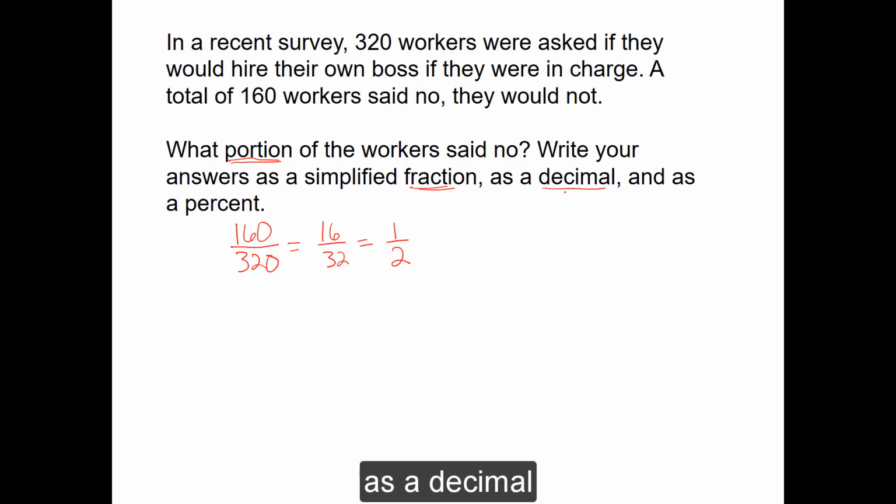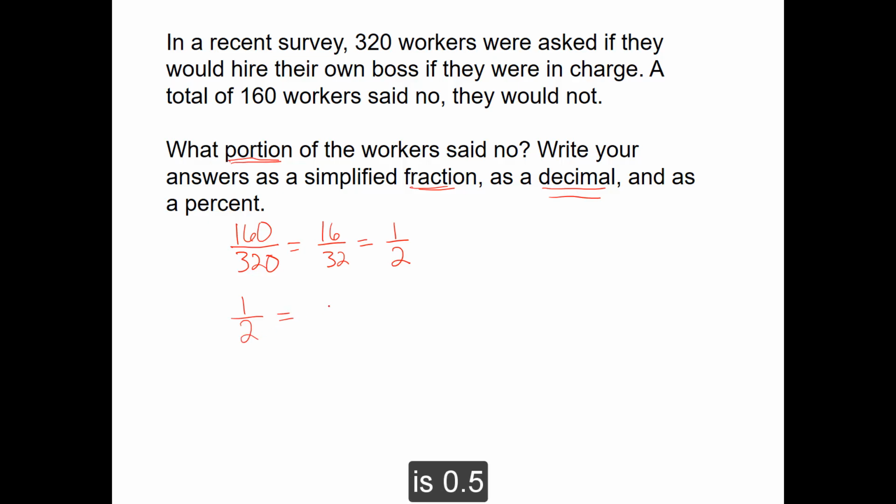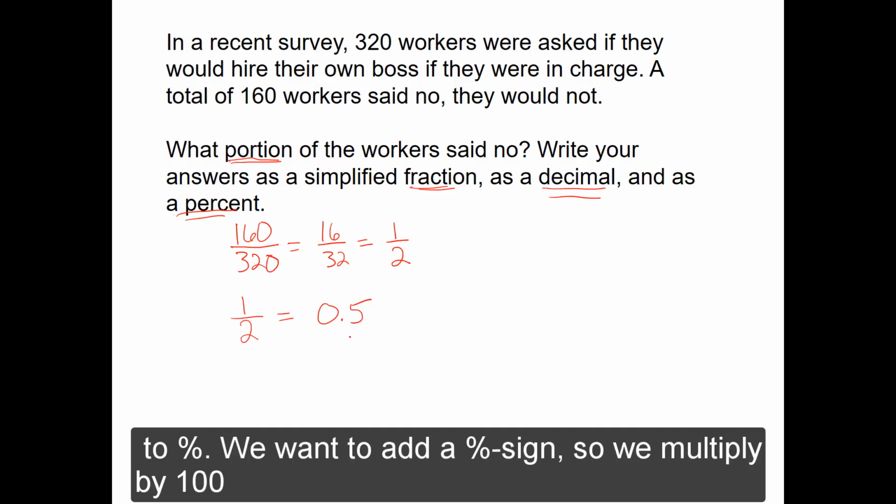As a decimal, well, you can convert any fraction to a decimal by doing the division. So 1/2 as a decimal, if you do 1 divided by 2, you'll get 0.5. Then lastly, as a percent, well, we've done some conversions of decimals to percents. If we want to add a percent sign, that means we multiply by 100.